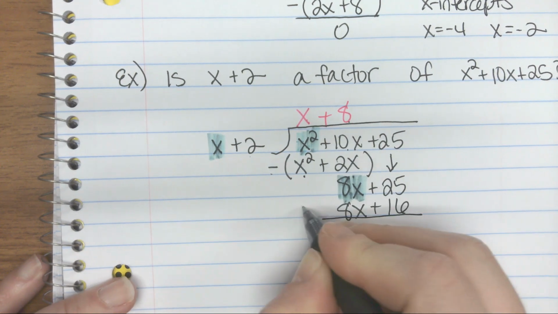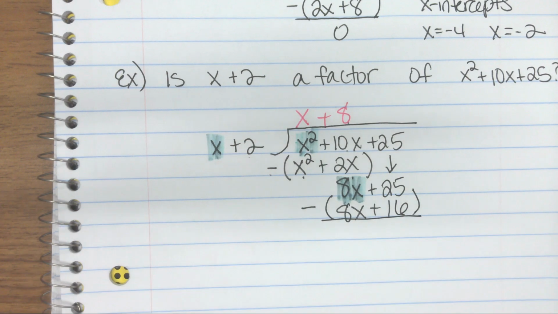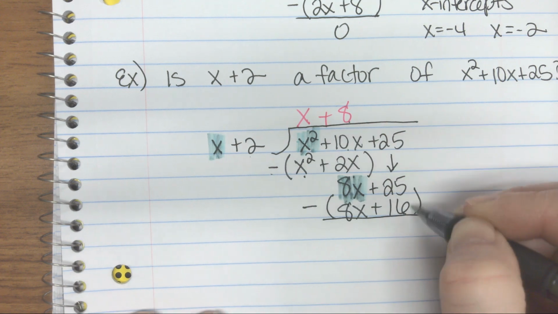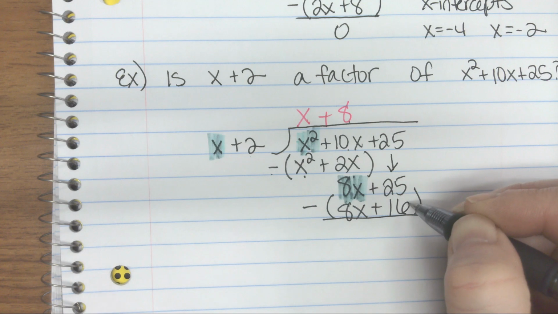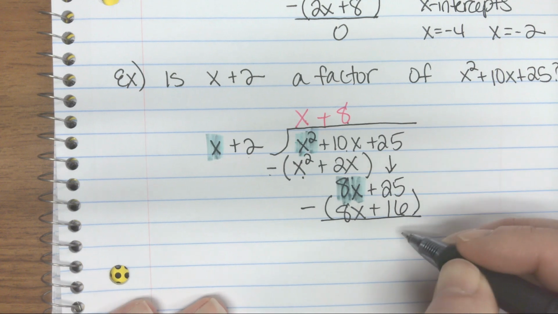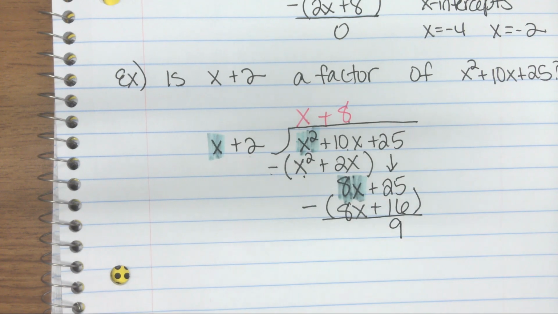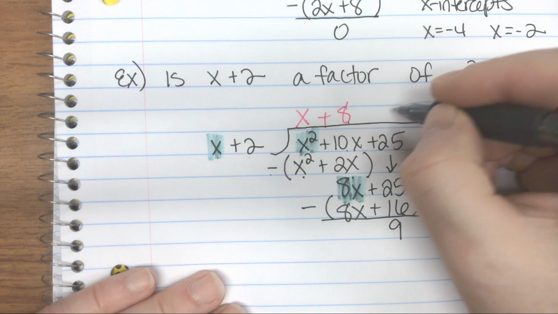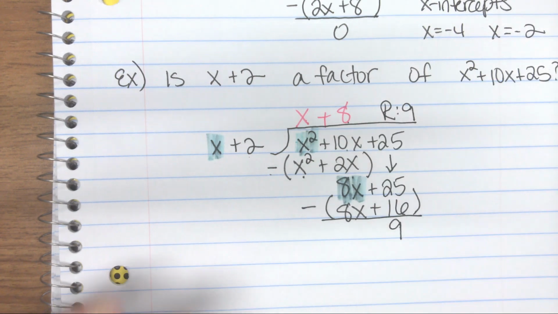If we subtract, what do we get there? 25 minus 16 is 9, right? Okay, so what this means is we have a remainder of 9 left over.